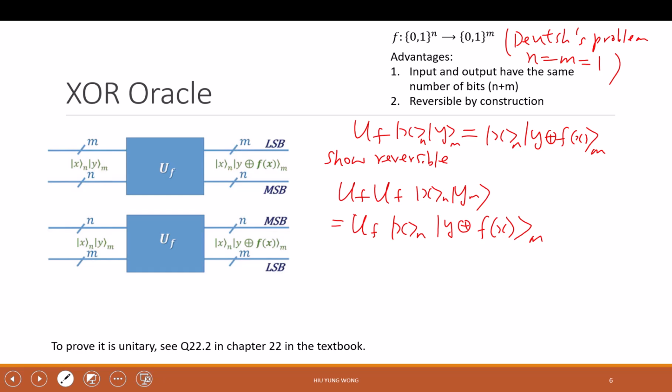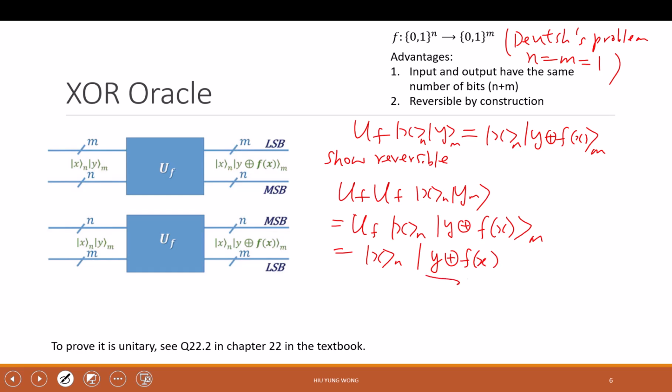Make sense? Now I want to apply one more time. What do I get? Again, by definition, it really doesn't matter. Now this whole thing is y, and this whole thing is x. So x is still x. And how about the y? This whole thing is the y going into the second U_F.